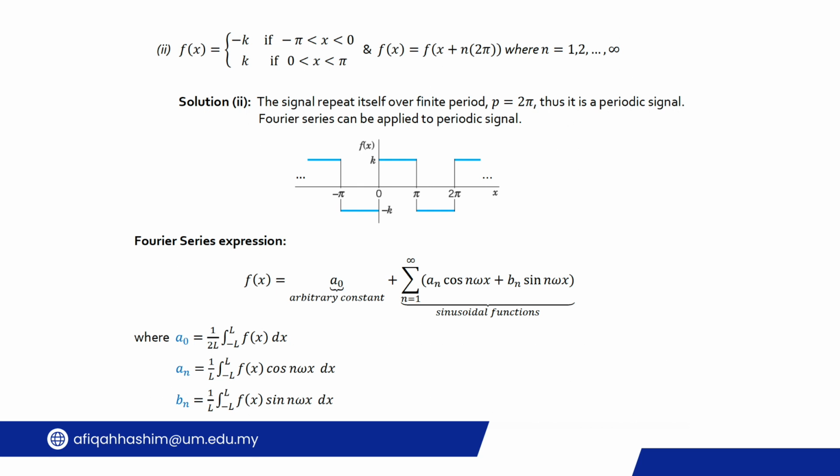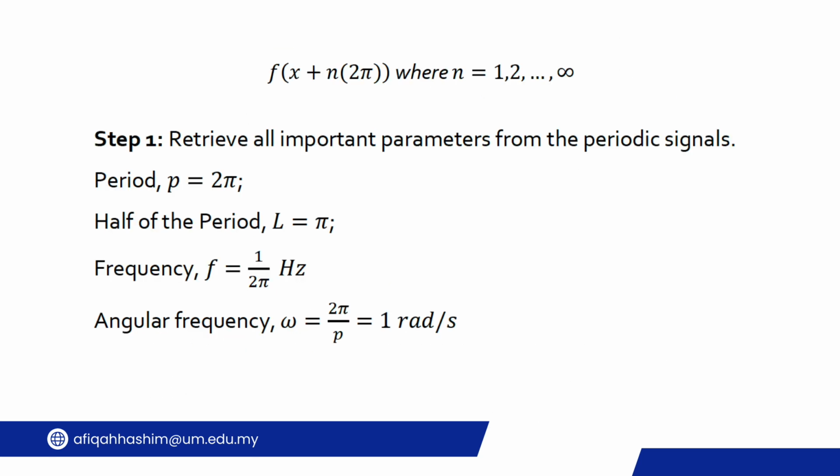So here you see that you can retrieve important parameters from only the period, P is equal to 2 pi. From P you can get the value of L. P is equal to 2L, so L is equal to pi. You divide the period by 2.